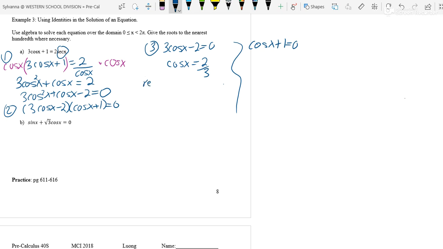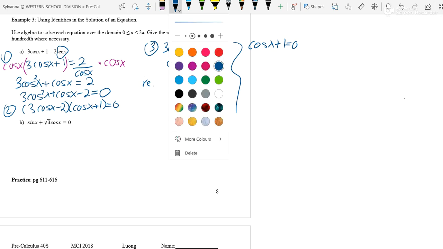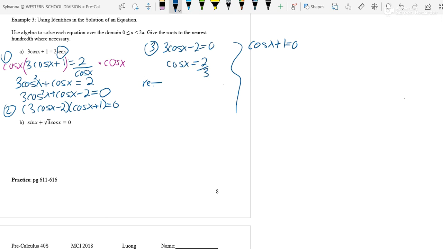The reference angle then will be cos inverse of 2 over 3. And plugging that into my calculator, I would get 0.84.